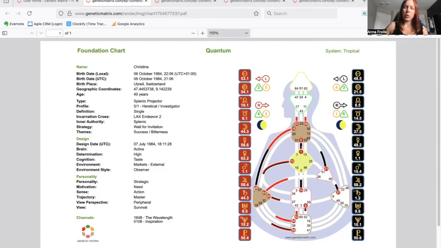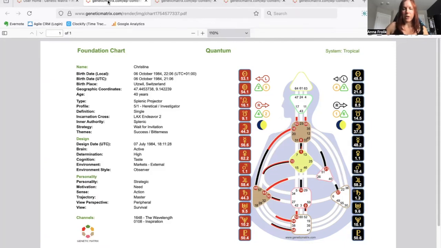And also with the depth in this gate here, this is really about deeply developing your skills and really having that depth that you're sharing through your skills as well. So that's going to be important. And there will likely be a form of expressing this verbally through speaking or writing or whatever works for you. But because this is connected to the throat, this will definitely be important.